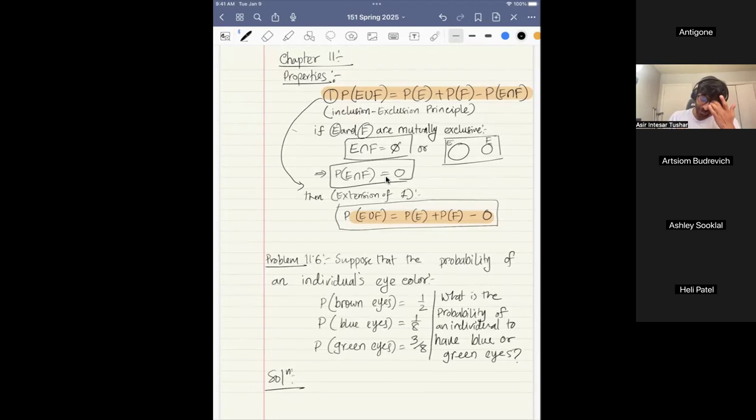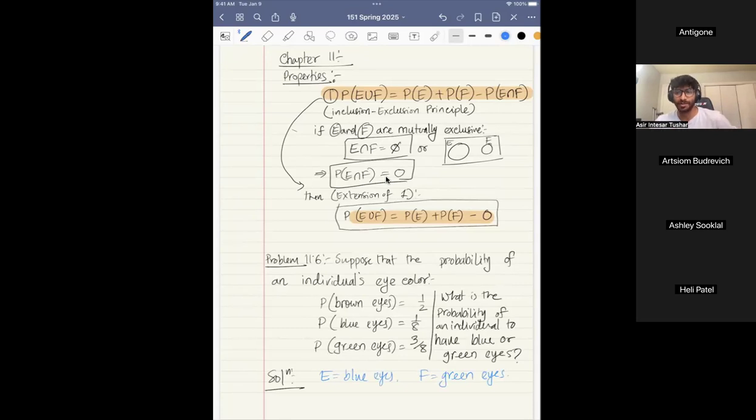So what I can do is let E be the event blue eyes, F be green eyes. Does that make sense to you?